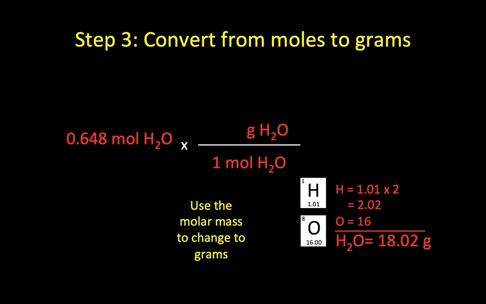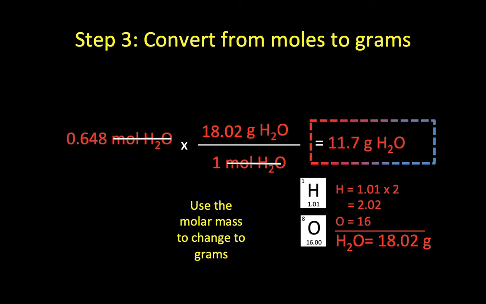Adding up those masses, we get 18.02 grams of water per 1 mole. Our moles cancel, leaving us in the unit that we're looking for, which is grams of water. So 0.648 times 18.02 divided by 1 gives us 11.7 grams of water, which is the answer we were looking for. So we've actually completed the problem.